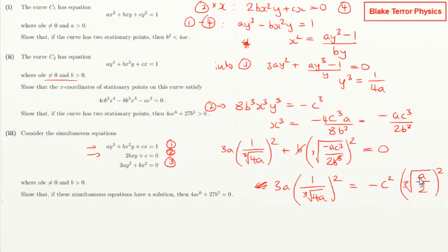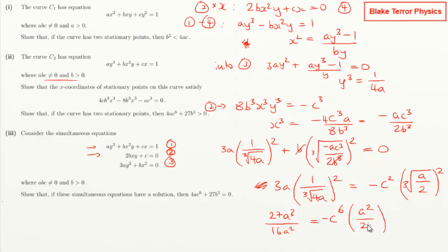So I'm going to want to cube these because then I can get rid of all these horrible cube roots. Okay, so if I cube all of this, I'm going to have a 27a cubed. Then I'm going to have this thing squared, so over 16a squared is going to be equal to minus c to the 6, and then I'm going to have an a squared over 2.